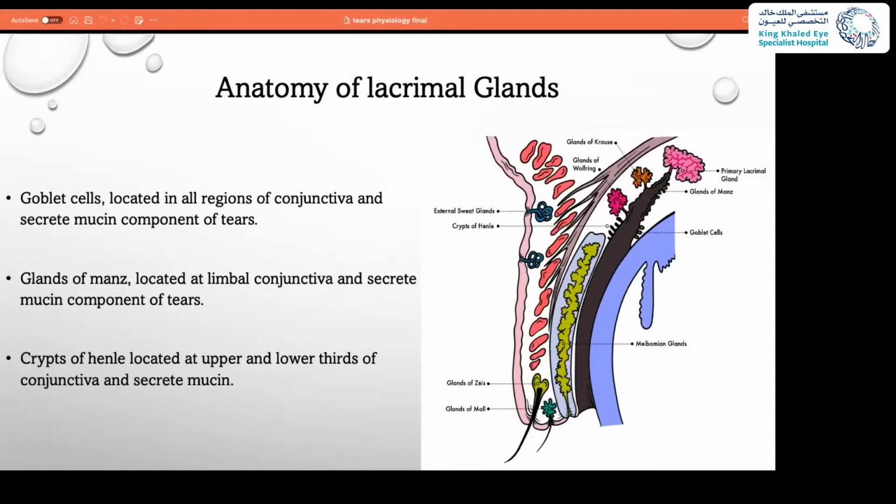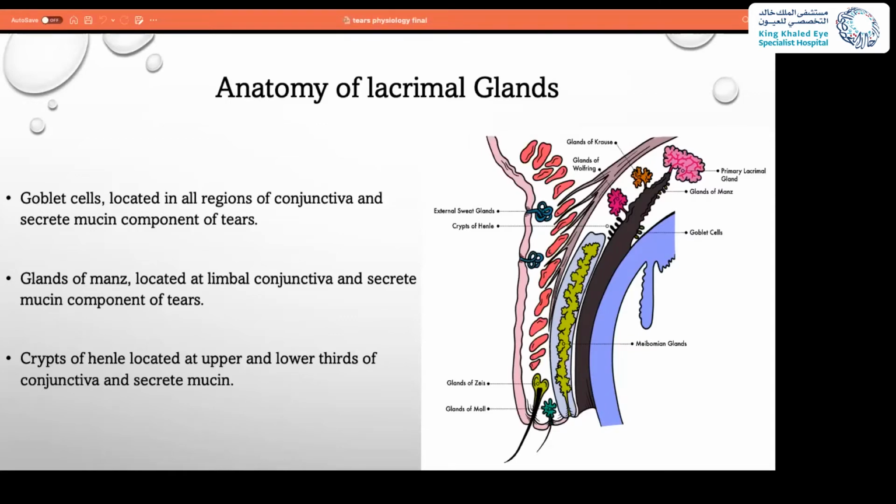Talking about goblet cells as part of mucin secretion, they are located in all regions of the conjunctiva and secrete the mucin component of tears. This includes the glands of Manz, located at the limbal conjunctiva, which also secrete the mucin component of tears.